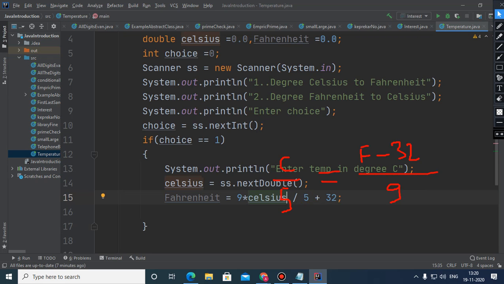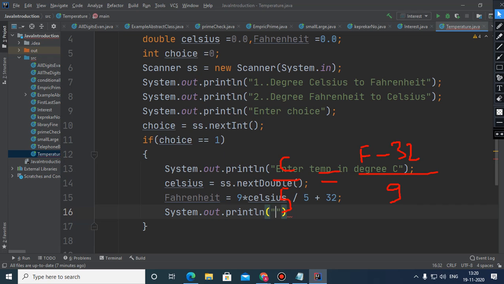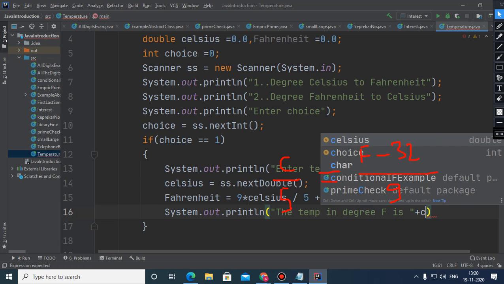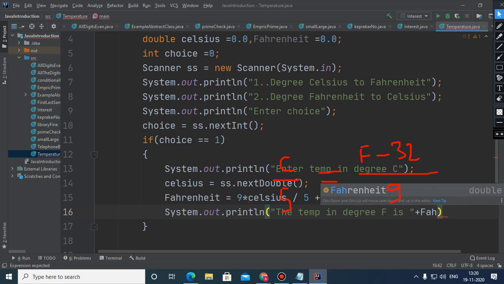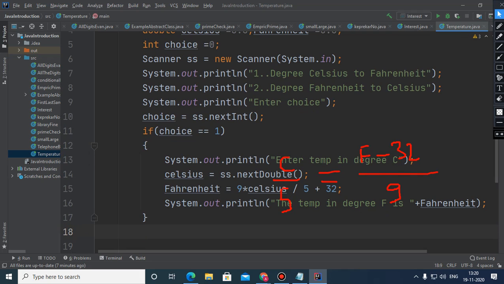So now the temperature in degree F is this. So if anybody is having any doubt, please ask. And you all know how to make a variable the subject of a formula. In class 7th only you all must have studied.